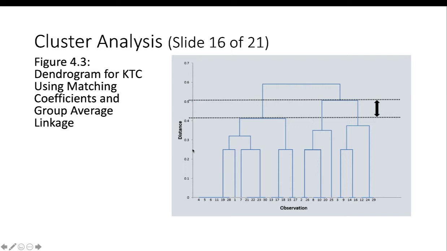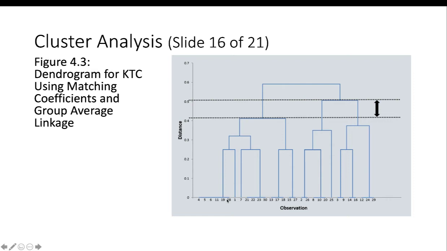The dissimilarity of 0.25 results from this merger because observation 1 differs in 1 out of the 4 categorical variables. Observation 1 is an unmarried female with no car loan and no mortgage, whereas all these customers are married. So that creates the difference when you merge the two groups together.